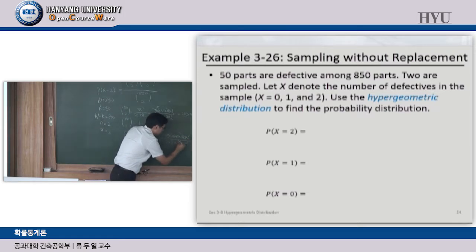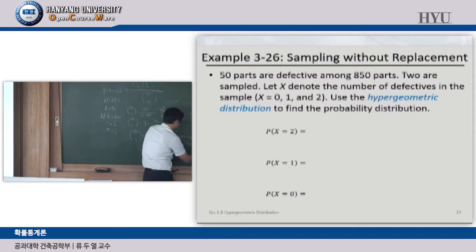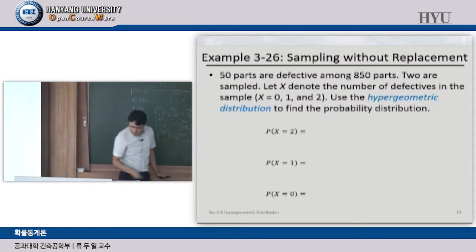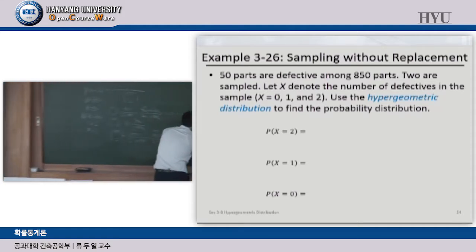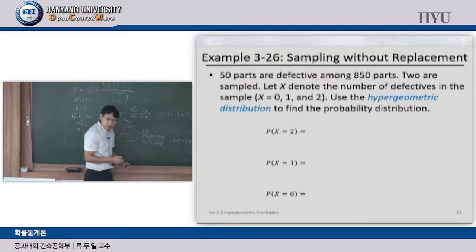So this can be eliminated, and this can be eliminated by dividing 850 by 2, and 425 is left. So this will be 425 multiplied by 849, which is 360,825.